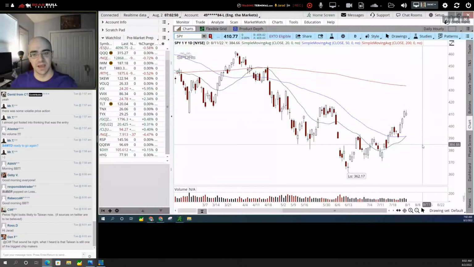So first things first, the S&Ps are still within their daily uptrend. And whenever you have a structured uptrend, you often want to be looking for elements that can give you a clue as to whether or not the trend is pivoting, possibly pulling back, along with whether the trend is still intact.